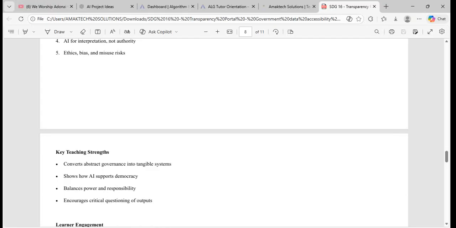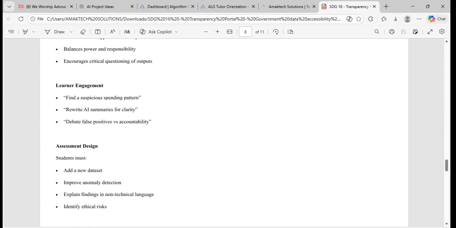Key teaching strength: converts abstract governance into tangible systems, shows how AI supports democracy, balances power and responsibility, encourages critical questioning of outputs.